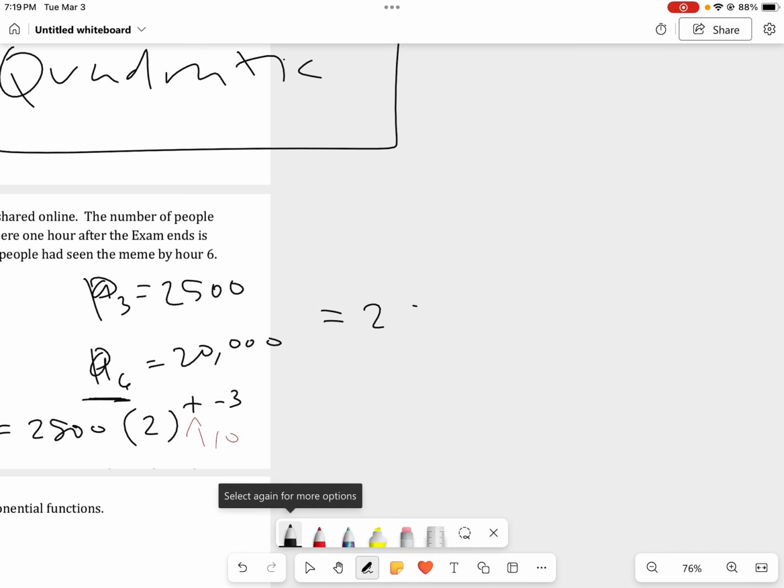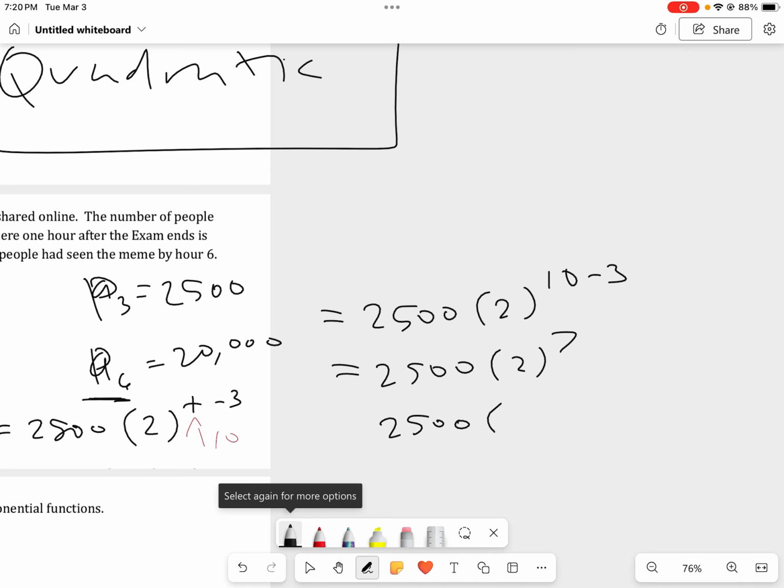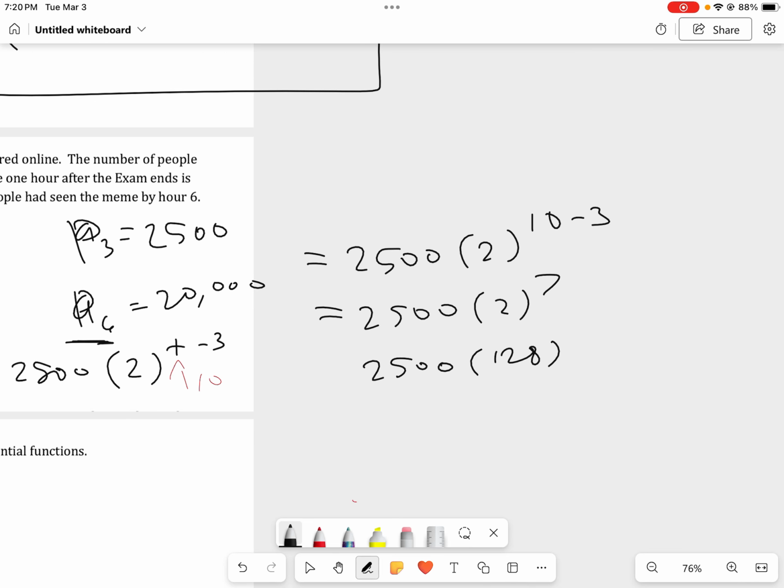It's going to be 2,500 times 2 to the 10 minus 3. It's just 2,500 times 2 to the 7. And 2 to the 7 is, well, 2 to the 5 is 32, 64, 128. So it's going to be 2,500 times 128, which equals 320,000 people. So 320,000 people saw it by hour 10.